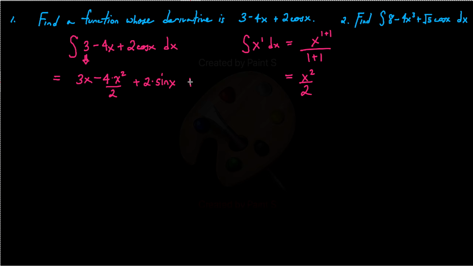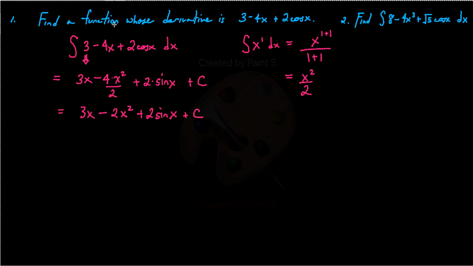And now I'm going to put the plus c, and I'm just going to rewrite it to deal with that 4 over 2: minus 2x squared plus 2 sine x plus c. And this is the general one.